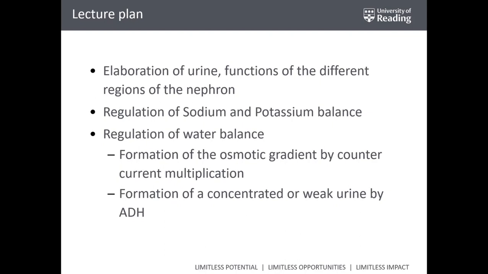That will be the third part of the second lecture. And we will focus on the formation of the osmotic gradient by countercurrent multiplication. And finally, how the antidiuretic hormone, or ADH, regulates the formation of weak or concentrated urine in the collecting duct.